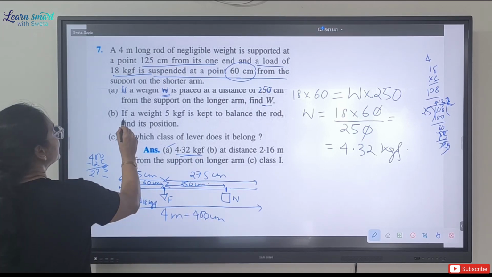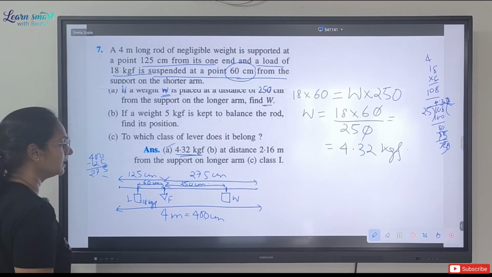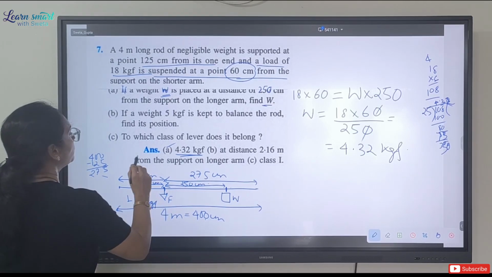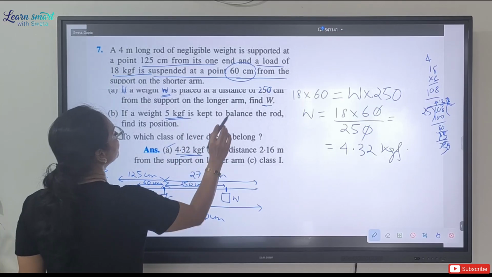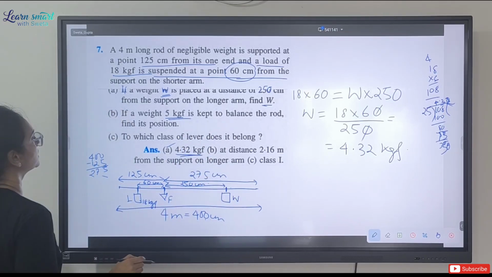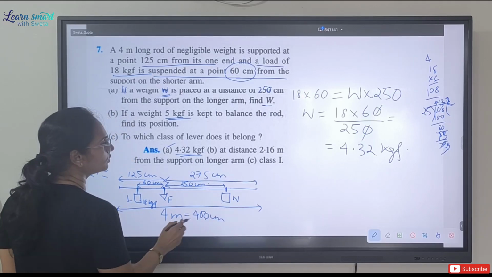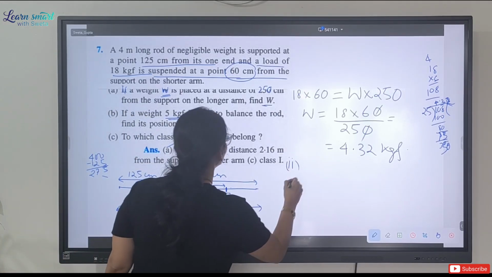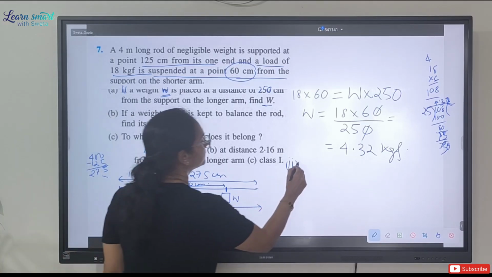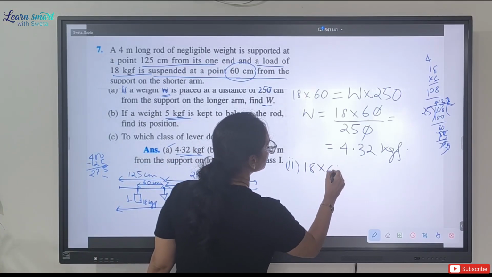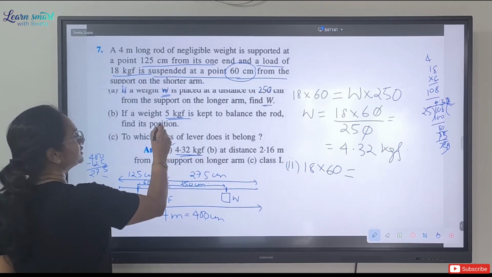Now they are also asking if a weight of 5 kgf is kept to balance the rod, find its position. We don't know where that weight is, but we are putting 5 kgf and we have to find out the position. So this is the scenario. For the second question, this load, which is 18 into 60, equals that weight, 5 kgf, into that distance, which we have to calculate.